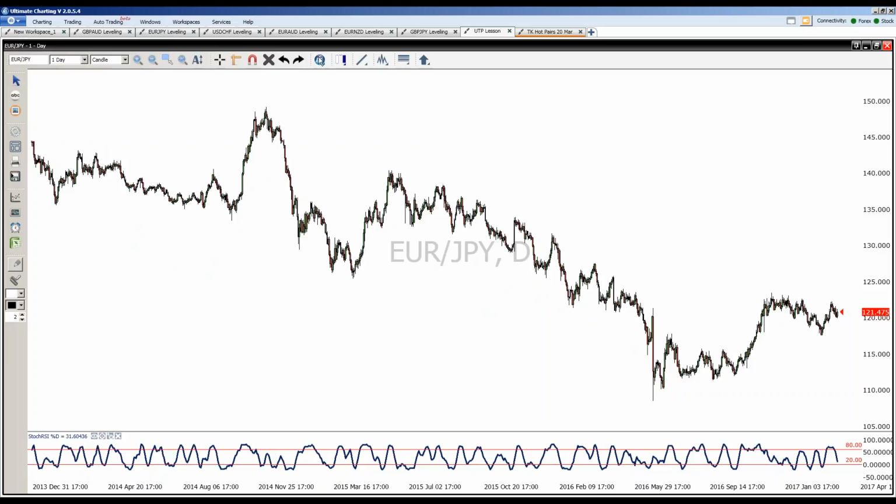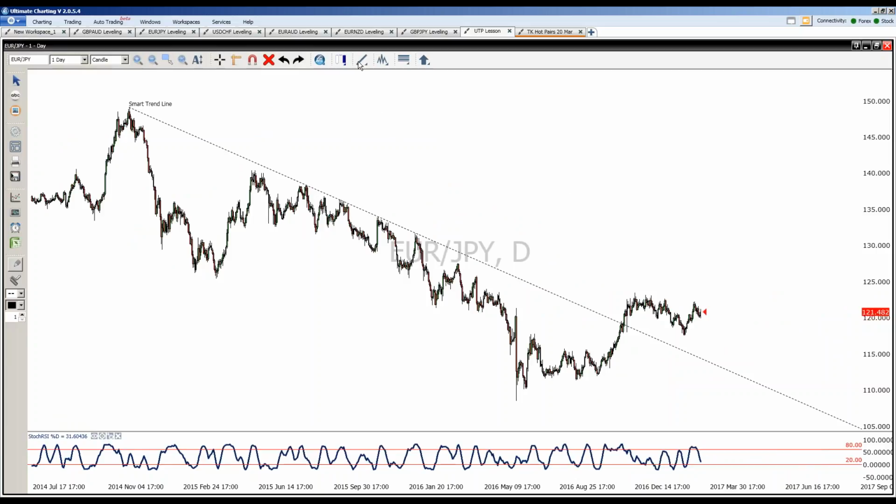Right, now let's compress this and just mark the most current trend. Now we can see we had a downtrend over here on the Euro Yen, and the market has been making lower highs and lower lows, and it's really been honoring this downtrend line resistance. And now the market has broken that downtrend line to the upside.